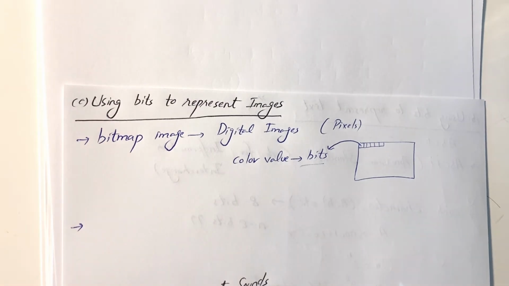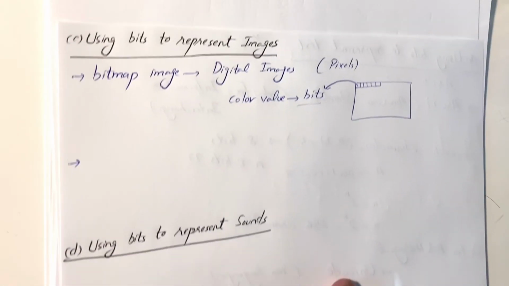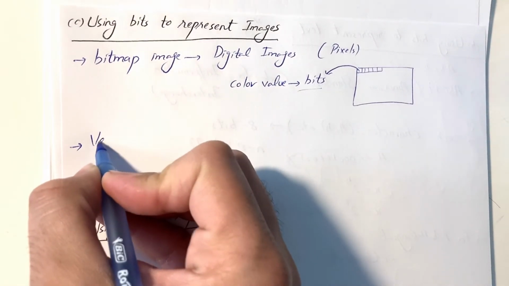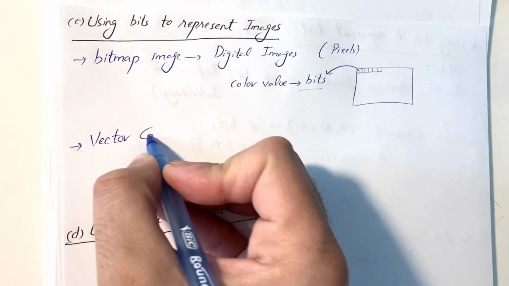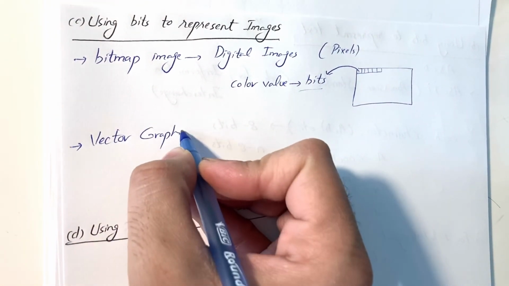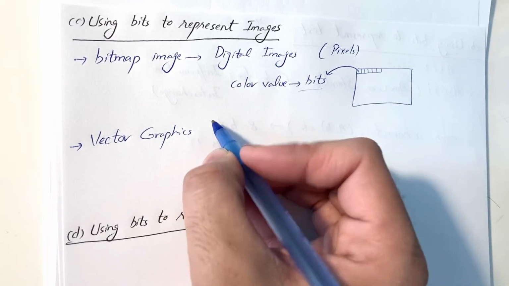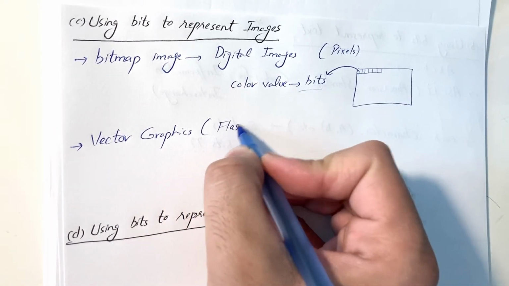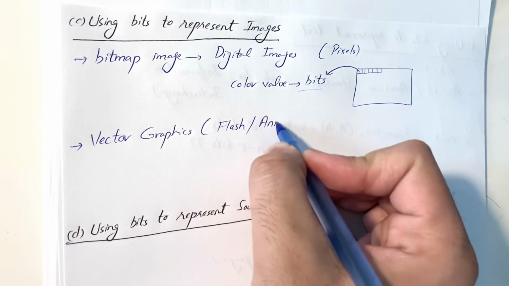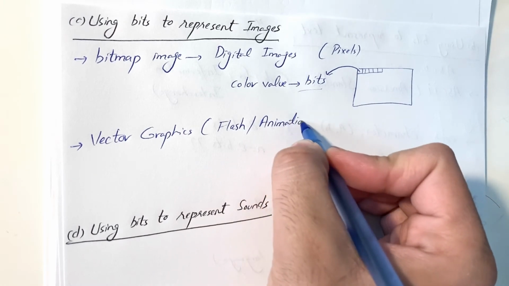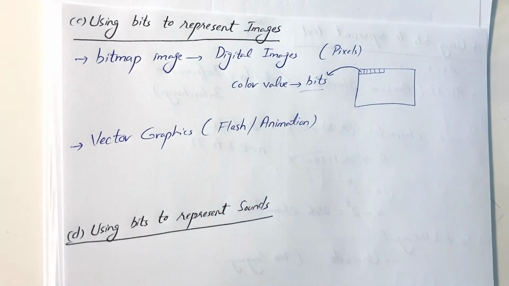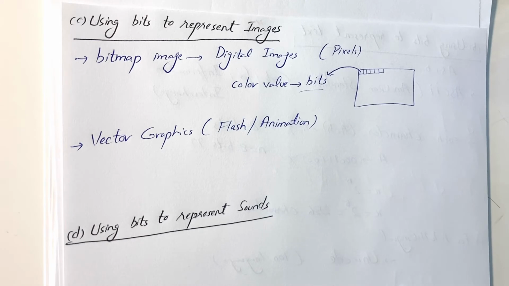The second type of images is vector graphics. We use vector graphics for things like Flash animation and logos. The best thing about vector graphics is that they don't lose resolution.